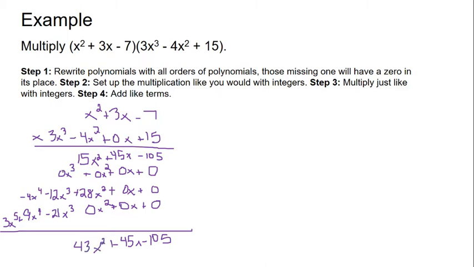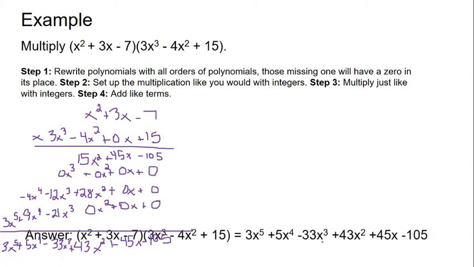Now our x cubes, so negative 12 and negative 21 x cubes, so that gives us a negative 33x cubed. And don't forget to include your signs here. And then negative 4x to the fourth plus 9x to the fourth gives us a positive 5x to the fourth. And then our last one here, 3x to the fifth. So that would be our answer.